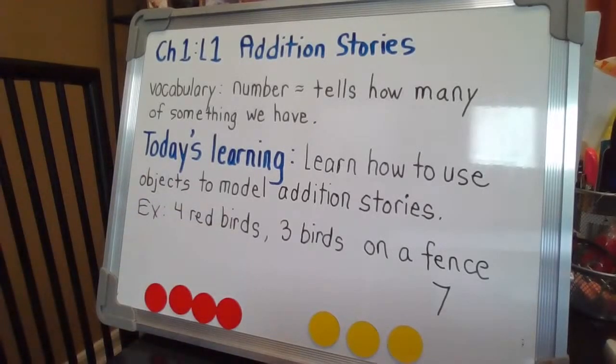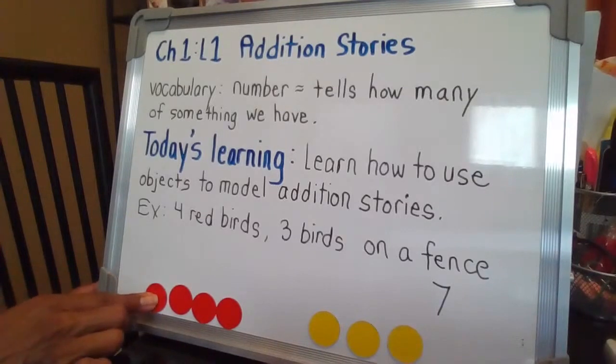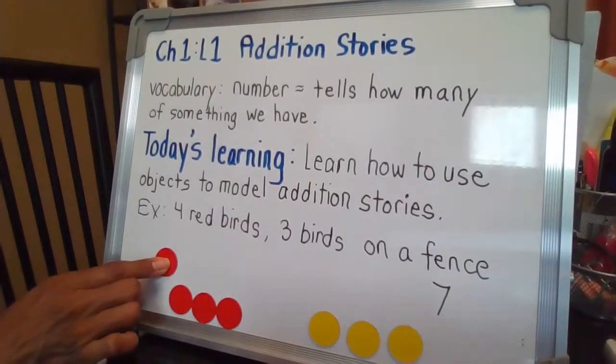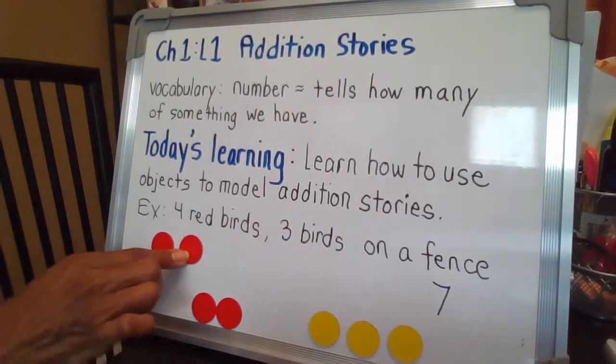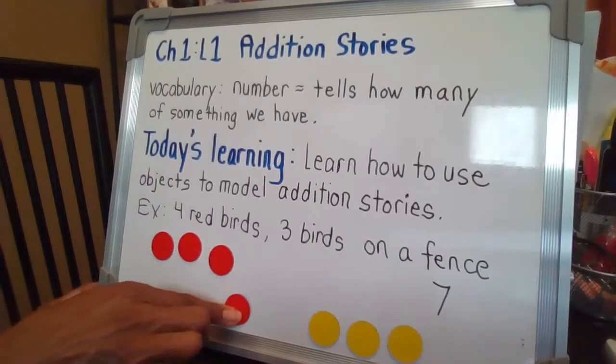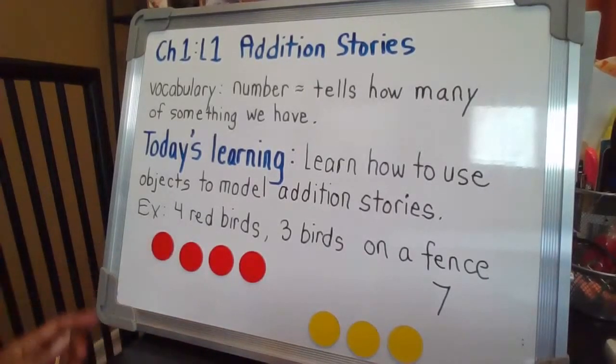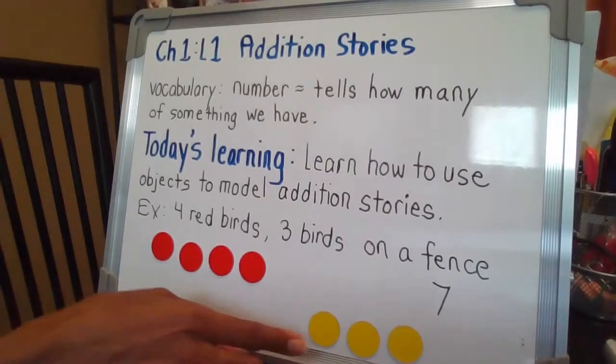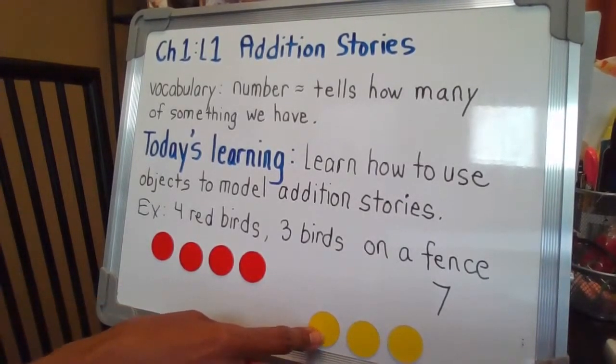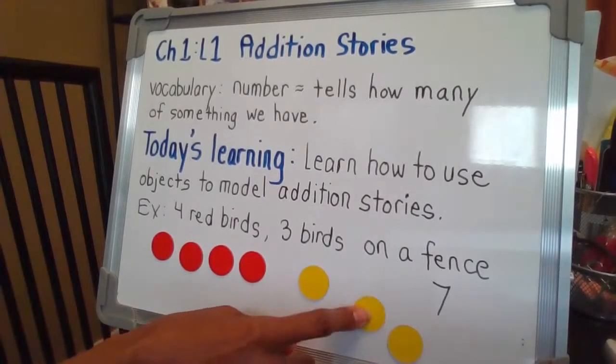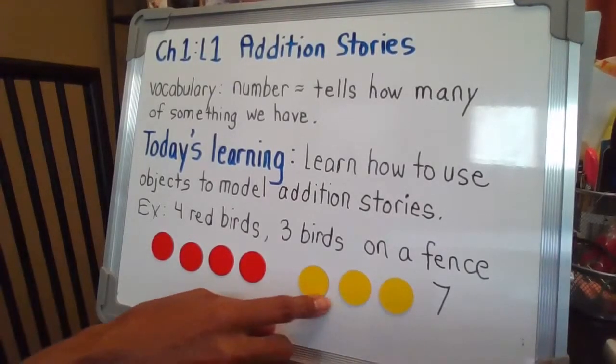I'm going to show 4 red birds sitting on a fence. So I'm going to use the red counters to show 4 red birds. 1, 2, 3, and 4. Now I want to show 3 birds sitting on a fence too. So I'm going to use a different color counter. Yellow. 1, 2, and 3.